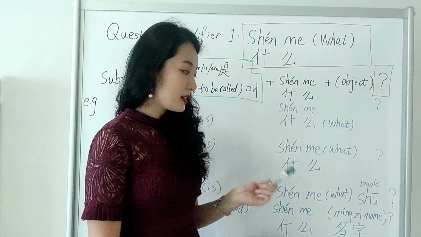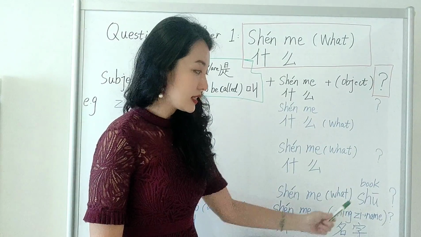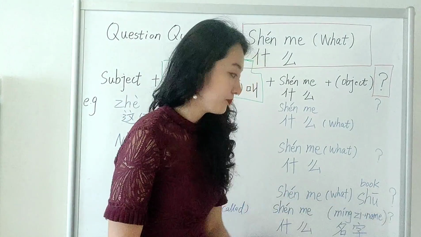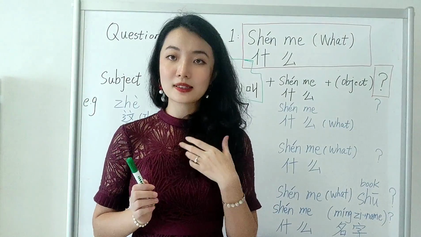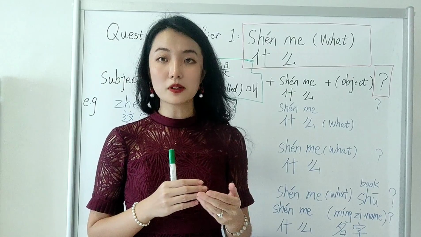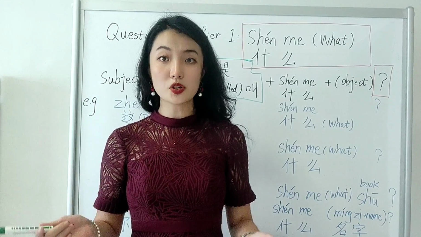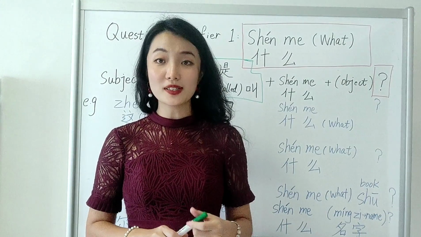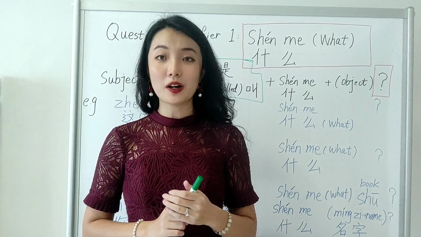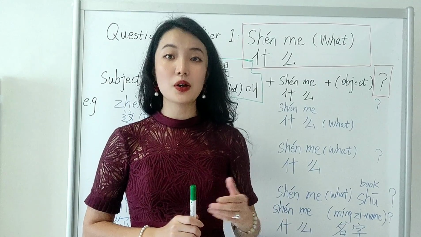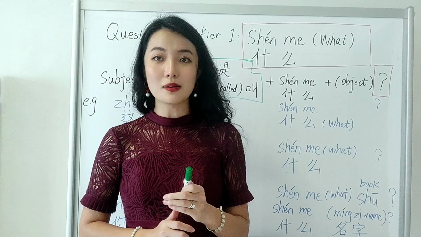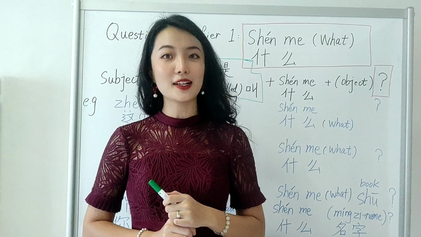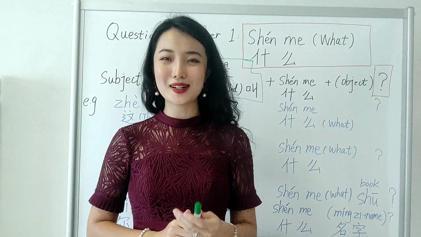And as you can see, the 名字 I put it into a bracket. It means it's optional. So you can also ask this question with a simpler formula, just like 你叫什么? It means what is your name? You can also ask this question with the 名字 at the end. 你叫什么名字? It also means what is your name?